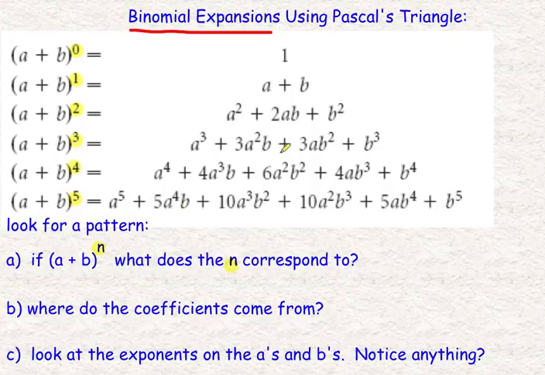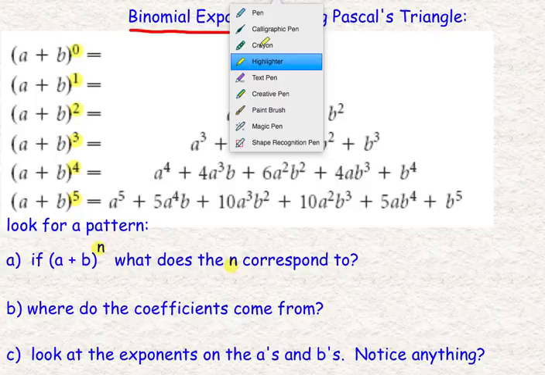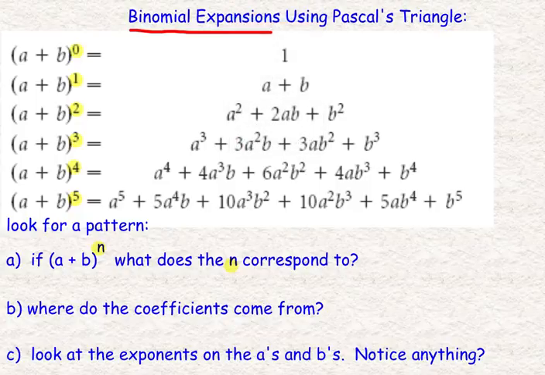And hopefully you make the connection that that n represents the row that you're in, the row number. My board is just very, very slow, so you might want to put this at like 1.5 speed.